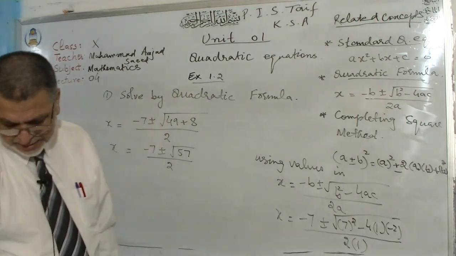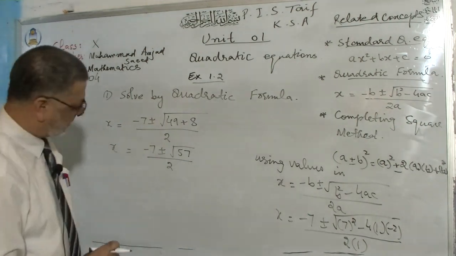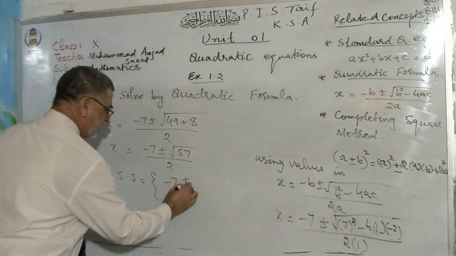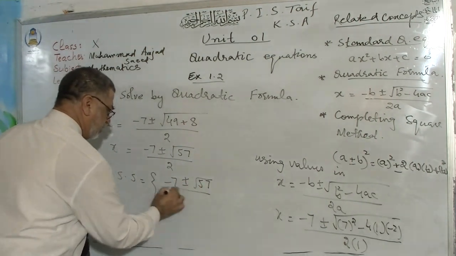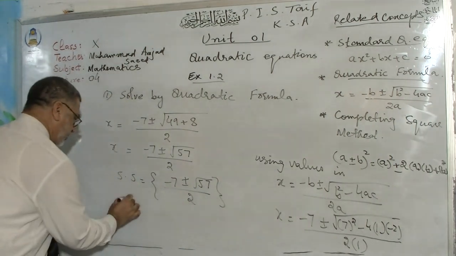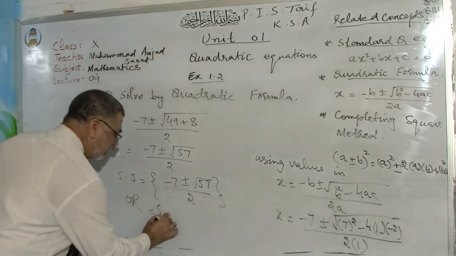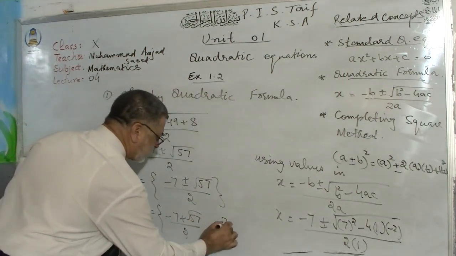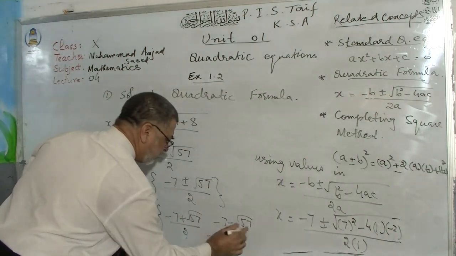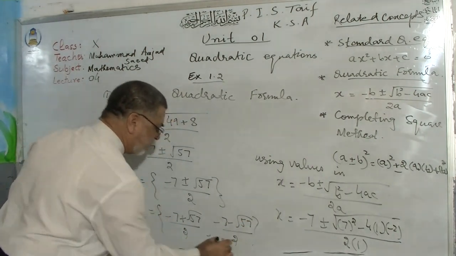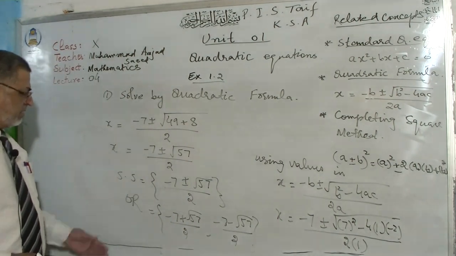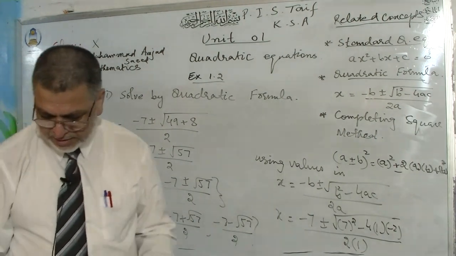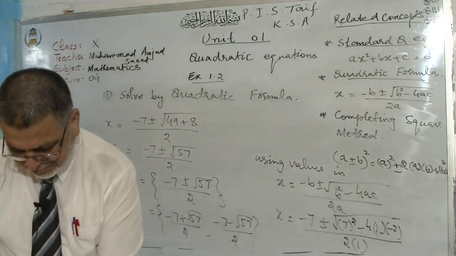So your answer is, solution set is this value of x. Minus 7 plus minus root 57 over 2, or you can write down even minus 7 plus root 57 over 2 and minus 7 minus root 57 over 2. Both answers are same. You can write down them both ways. So one's positive and one's negative. This is your answer. I hope that you got the idea.